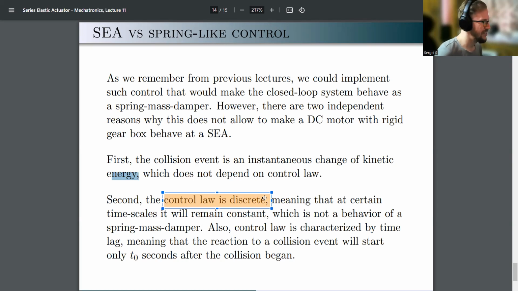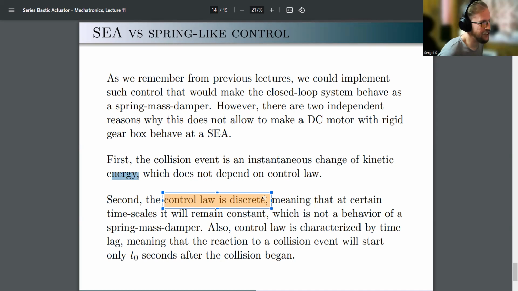What that would mean is that if the collision happens in those 10 milliseconds, the control law doesn't react, it just stays the same. This is not the behavior of a spring mass damper. This is just a constant input for the differential equation. So your eigenvalues are not going to behave on these time scales like you would expect them to behave.